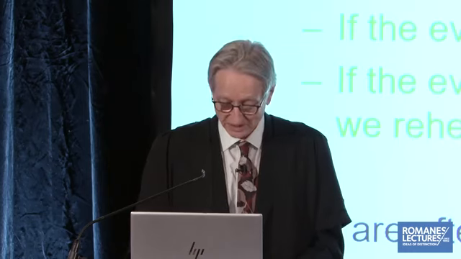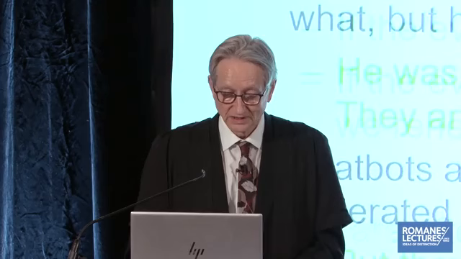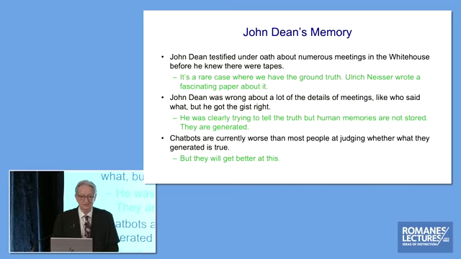It's hard to show that, but one case where you can show it is John Dean's memory. So John Dean testified at Watergate under oath, and retrospectively, it's clear that he was trying to tell the truth. But a lot of what he said was just plain wrong. He would confuse who was in which meeting. He would attribute statements to other people who made that statement, and actually it wasn't quite that statement. He got meetings just completely confused.